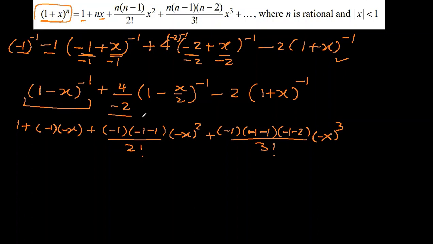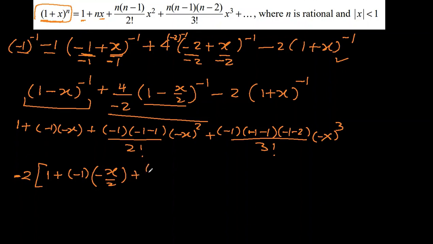Let's expand the second one, which is 4 over -2. So -2. In this case, because it was 1 in front, we ignore it, but -2 we cannot ignore. So we have to write -2 outside and expand this one. So same formula again, 1 plus n times (-x/2), since x is not x, it is -x/2. Then plus same, n is -1.